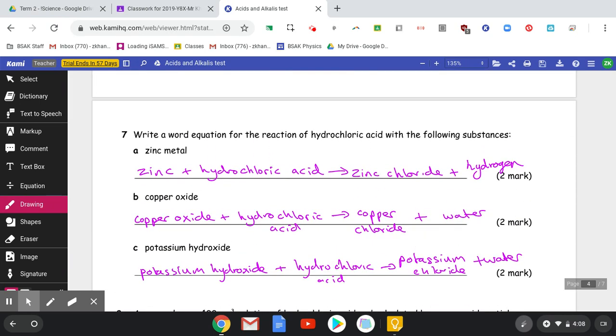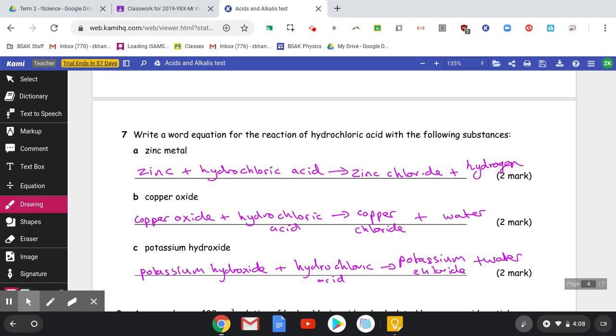Question 7. This is the 7A is where most students will make a mistake, and the reason is acid is reacted with a metal. Now, if you look at the reaction, hydrochloric acid has hydrogen and chlorine in it, and zinc, there's only zinc there.